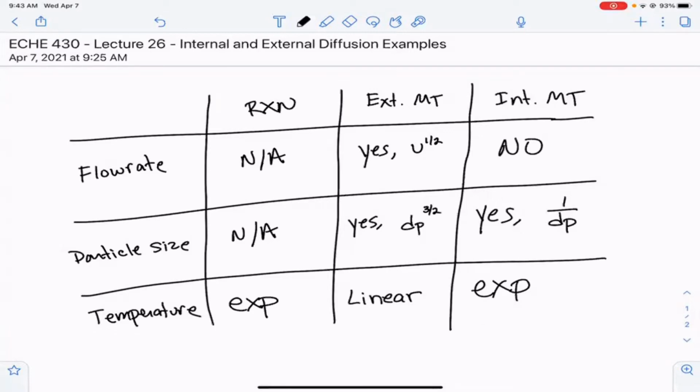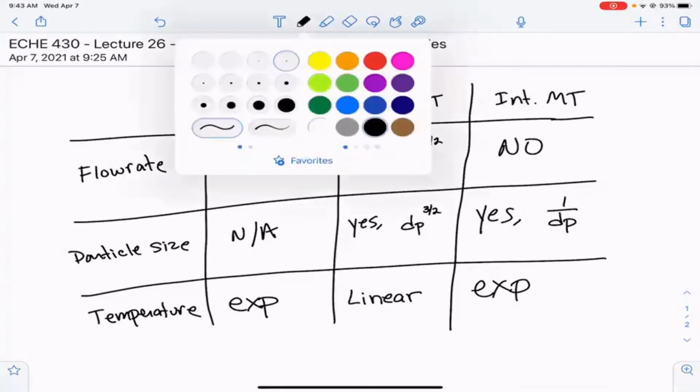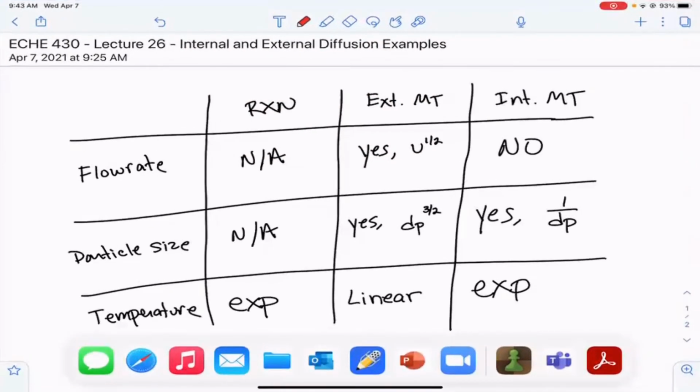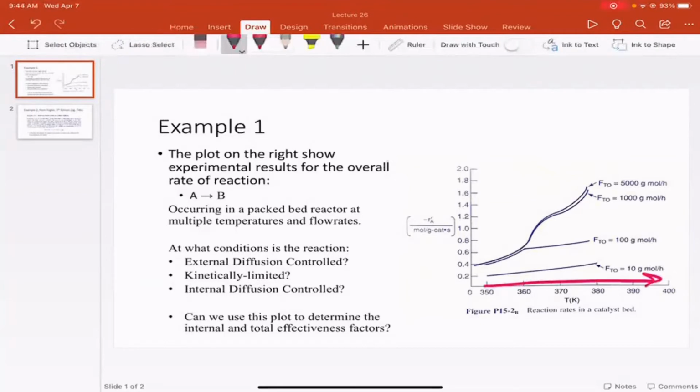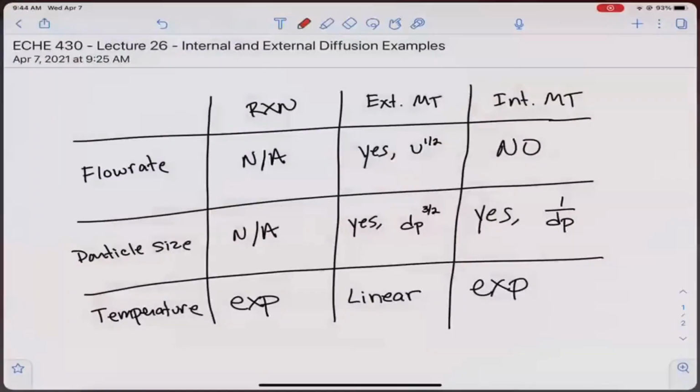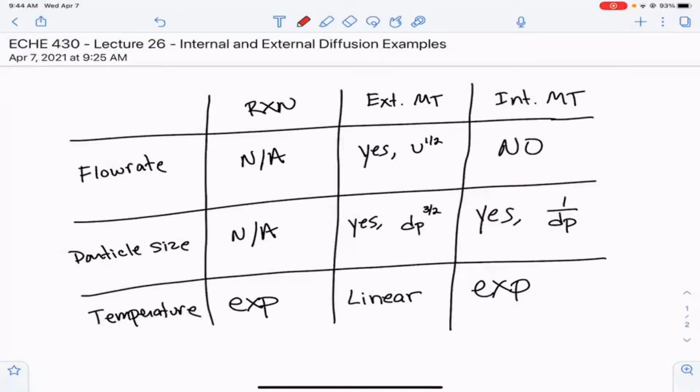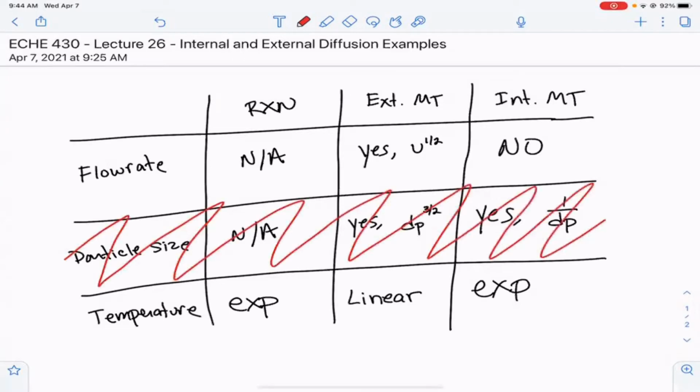So there are a couple of things to note here when we want to think about regimes that have control inside of our data set. So here, notice we're only changing two of the variables in this problem. We're changing temperature as we move from the left to right in this plot, and we're increasing the flow rate as we go from the bottom of the plot to the top, okay? So when it comes to this table that we looked at last time, we're only looking at the effect of flow rate and the temperature.